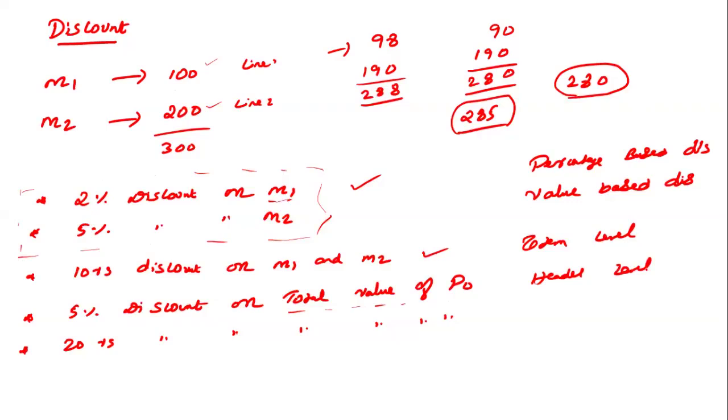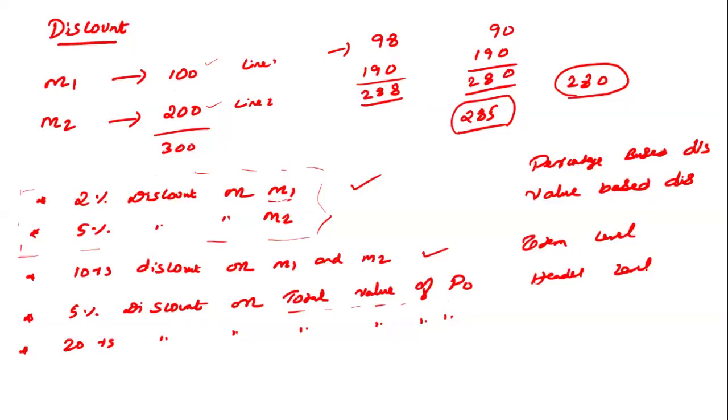So discounts are of two types. One is percentage-based discount and the other is value-based discount. And percentage can be at two levels. One is the item level, that is nothing but item conditions. When you're talking about the total value of PO, the discount falls under header value, that is nothing but header conditions. Okay, so this is regarding the discount.